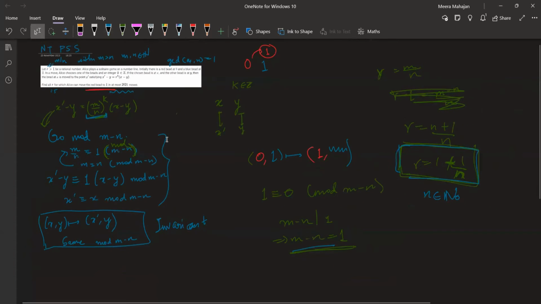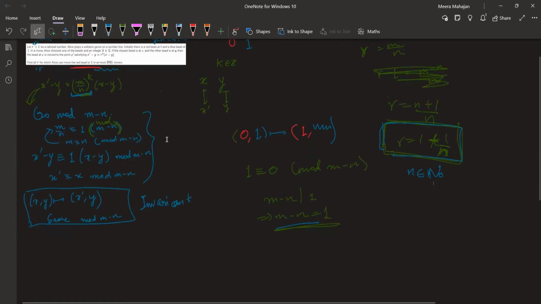So let us try basic base cases. First case is n is 1, in which case r is, okay, I'll just directly write the value. Okay, never mind. N is 1, r is 2. So I'll let you try this.